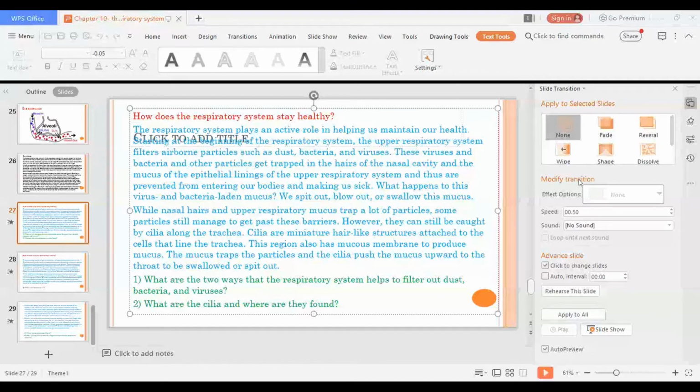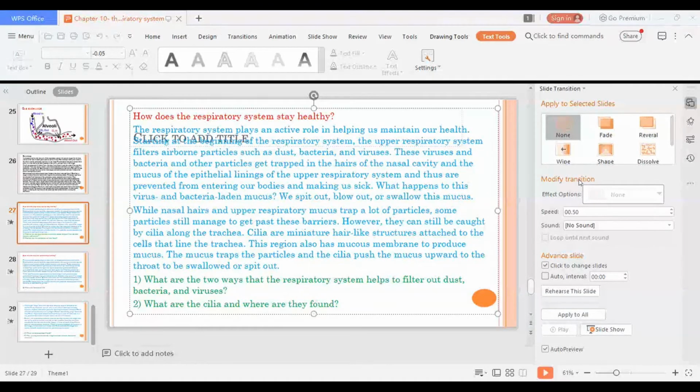The first way, okay, we can say the first way is that particles such as bacteria and viruses will be trapped in the hairs of the nasal cavity. So hairs of the nasal cavity is the first way, they will trap the particles.